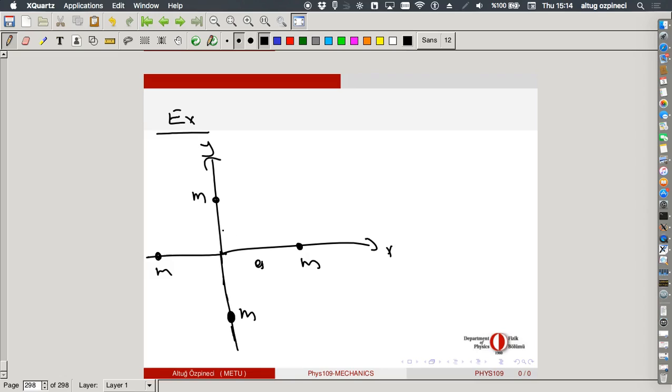And let's assume that they are all a distance a from the origin. We can imagine them to be connected somehow so that they form a rigid object. This is a simple case where we can actually calculate the moment of inertia.